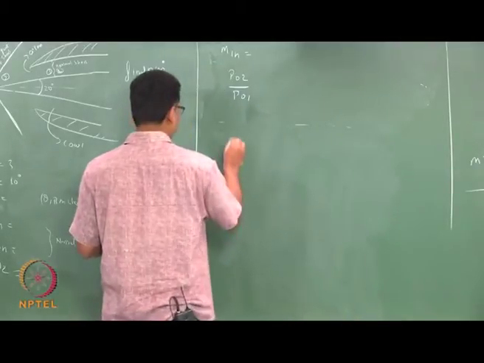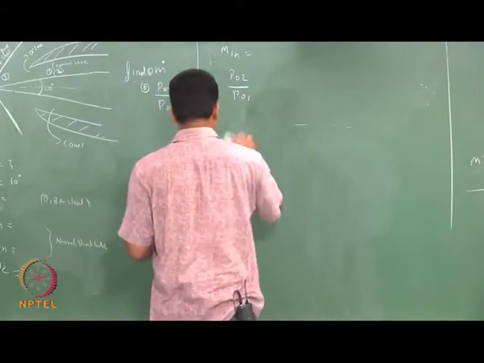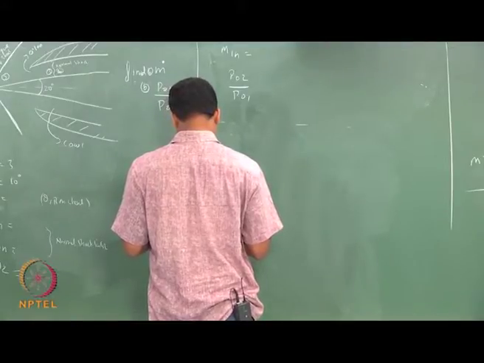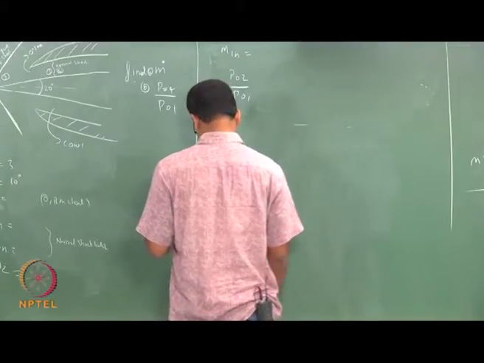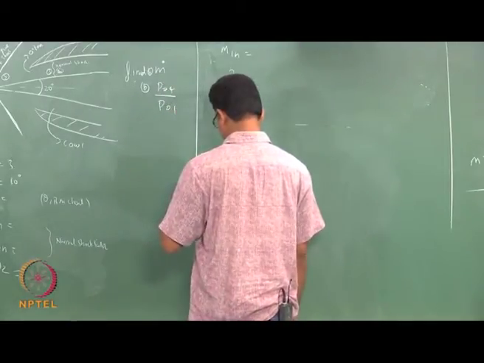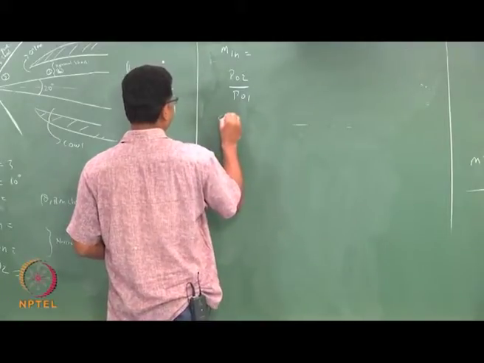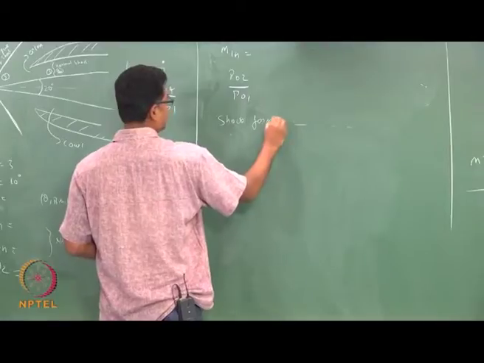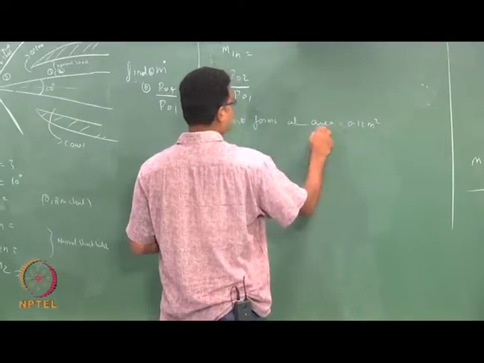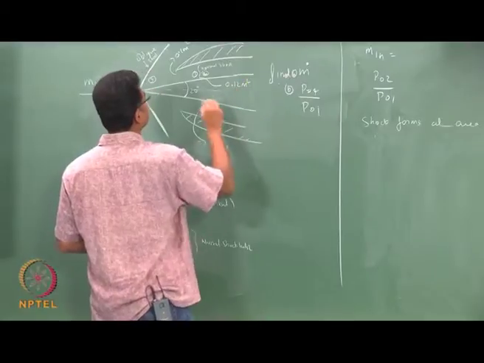So, from A3 by A3 star, the area where the normal shock forms is 0.12 meter square.